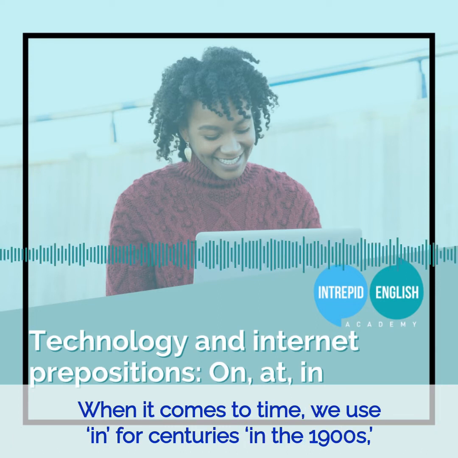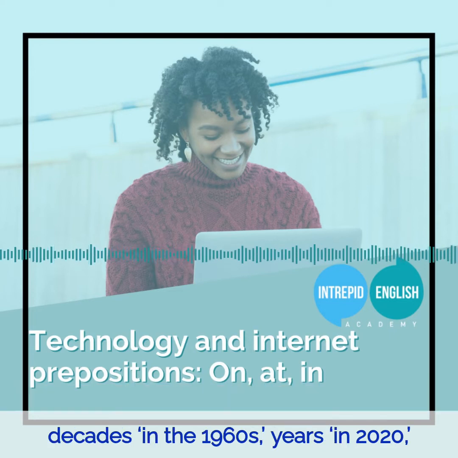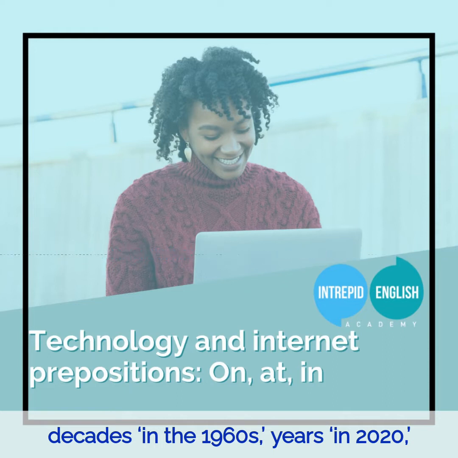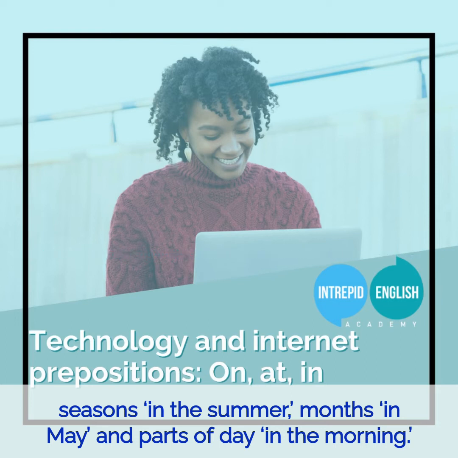When it comes to time, we use in for centuries, in the 1900s, decades, in the 1960s, years, in 2020, seasons, in the summer, months, in May, and parts of day, in the morning.